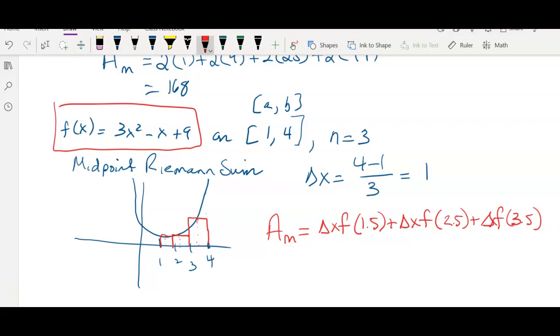That I will tell you, it won't be on the test. It's more conceptual. But do this first. So yeah, delta X is 1. You got to plug each of those in, and then you got to add everything up.